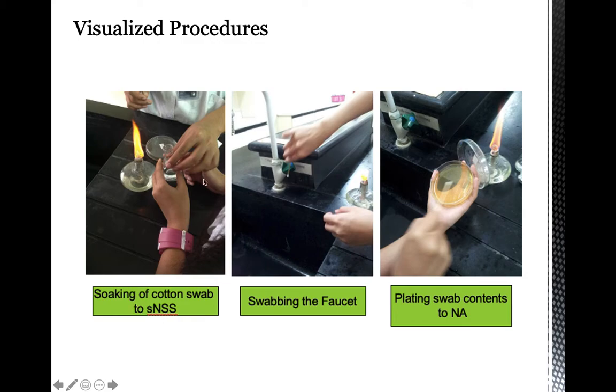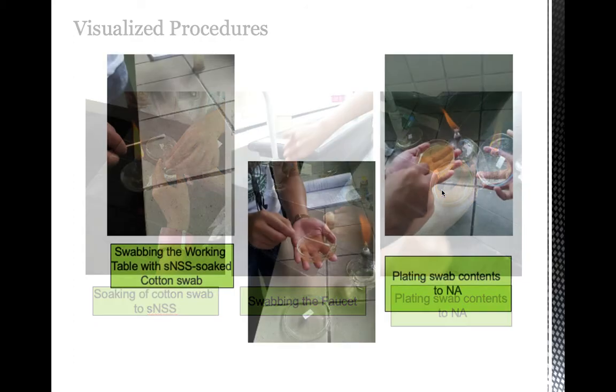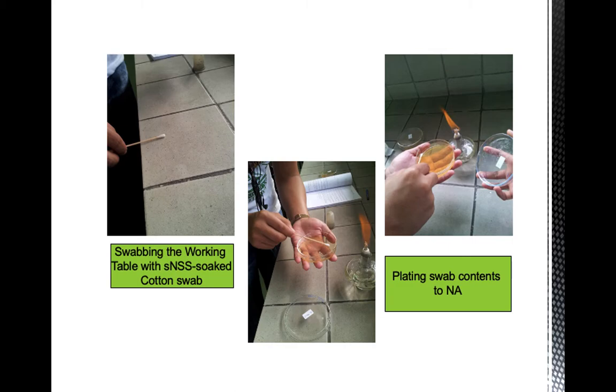Then once you've wetted the end of the cotton swab, you swab the portion of the faucet. Then you spread it on your nutrient agar plate. That's the same thing that we did for the other parts of the laboratory. For the table, for the floor, doorknob, the same.